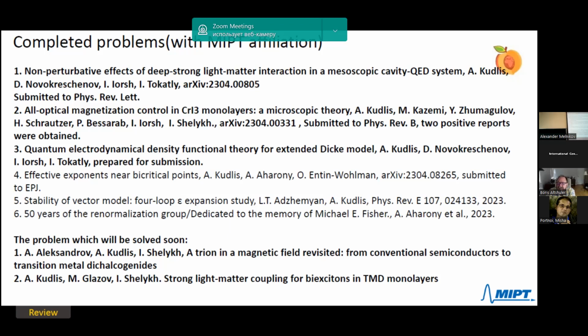Does your extension violate integrability or not? And can you make use of the model being close to integrable? It's still integrable, but, one second.